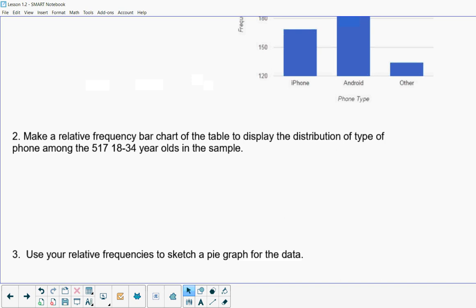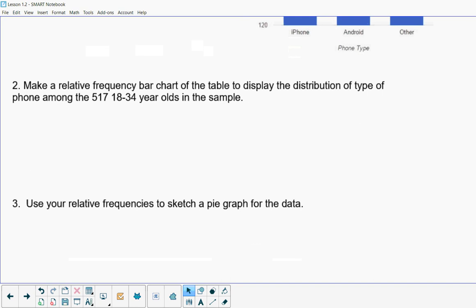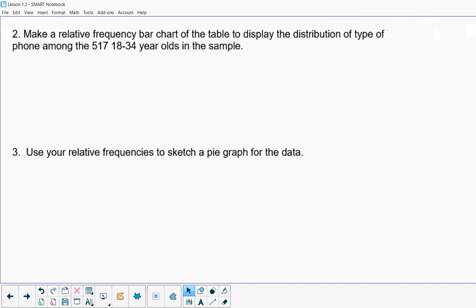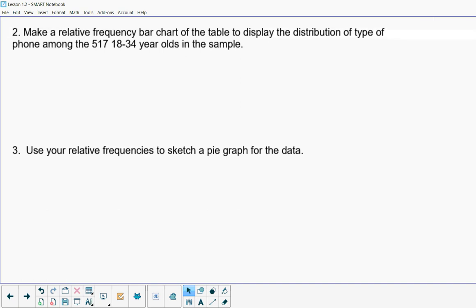Once you have your frequencies, you're going to go to number 3 and use them to sketch a pie graph for the data. You are welcome to use the applet to help you make these representations. Just make sure everything is clearly labeled and you have all of the frequency tables to back up the construction.